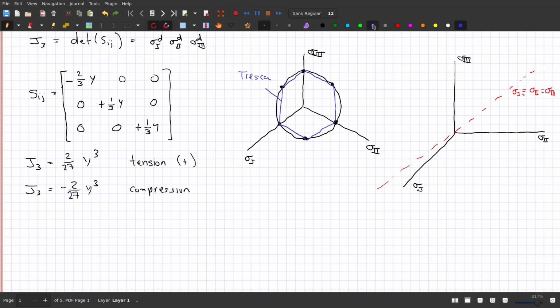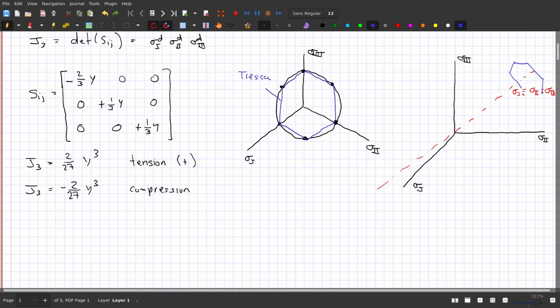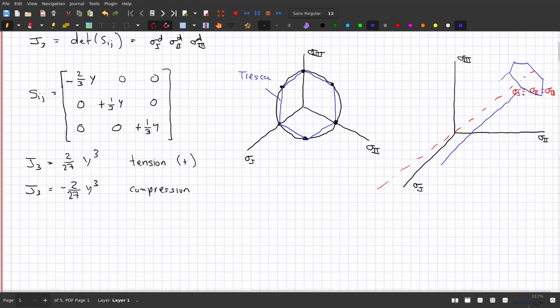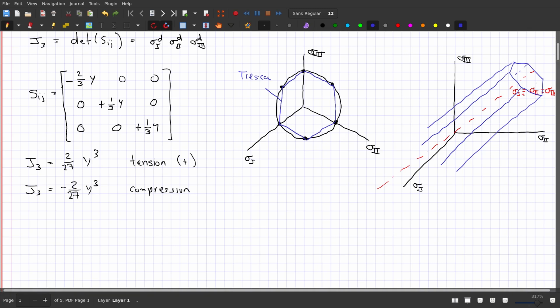Then that Tresca yield surface is going to look something like this. So it's still infinite in both directions, but it just has that hexagonal shape.